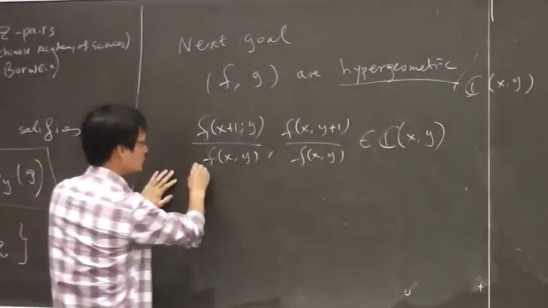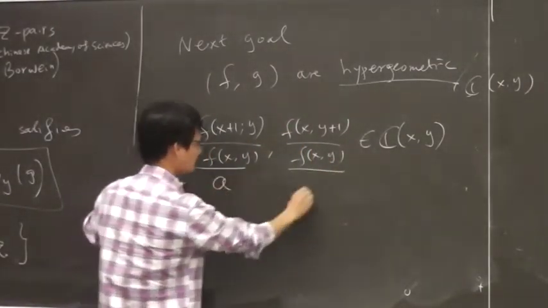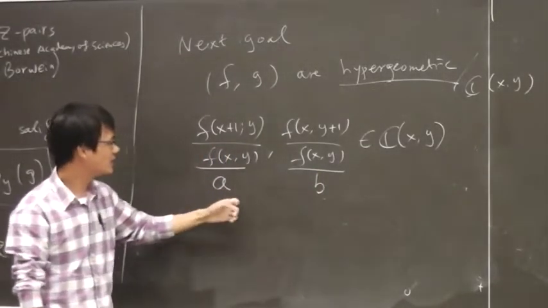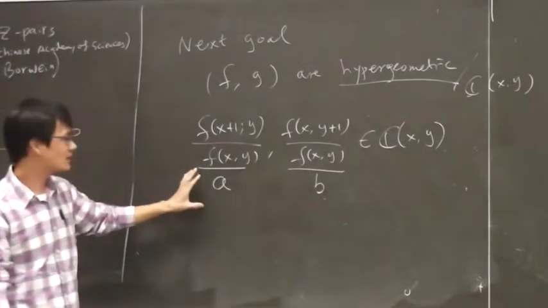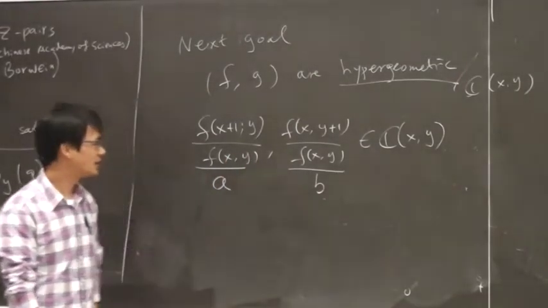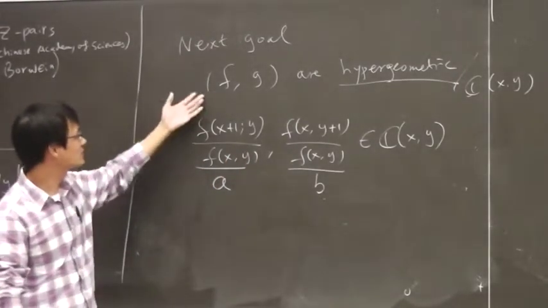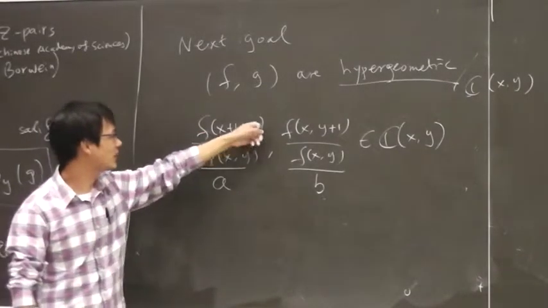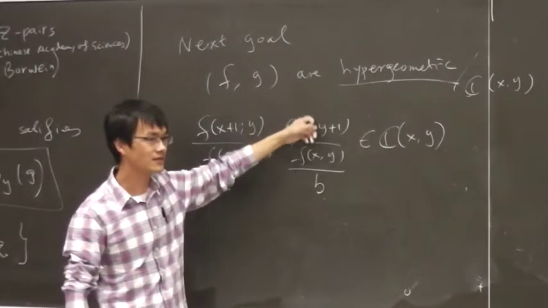Actually, those two functions, we can call them A and B, you cannot assign arbitrary A and arbitrary B. There are some compatibility conditions between A and B, because usually we need that if you shift x first, then shift y, this should be equal to shifting y first and then x.